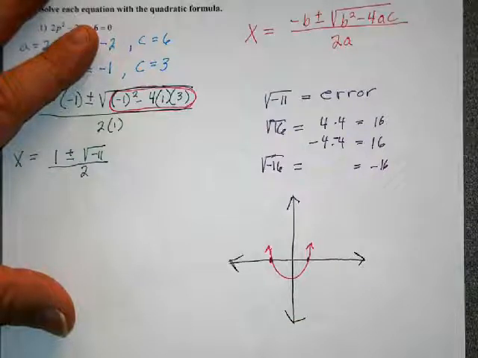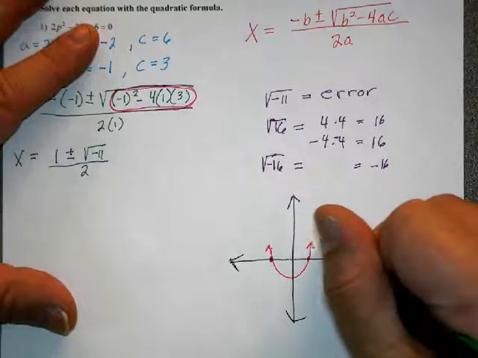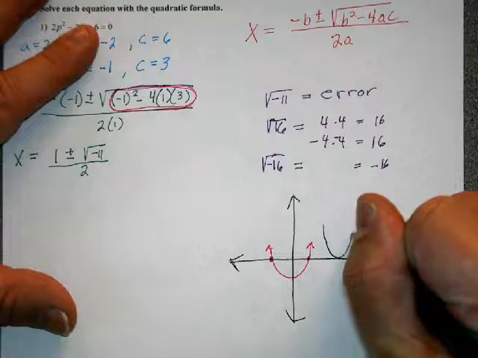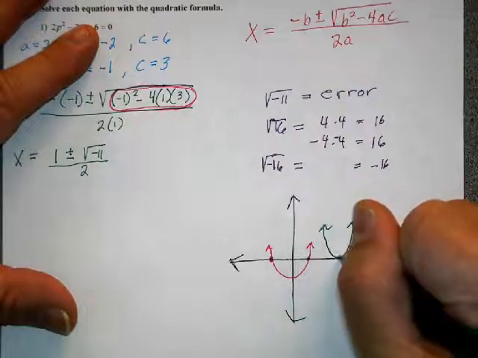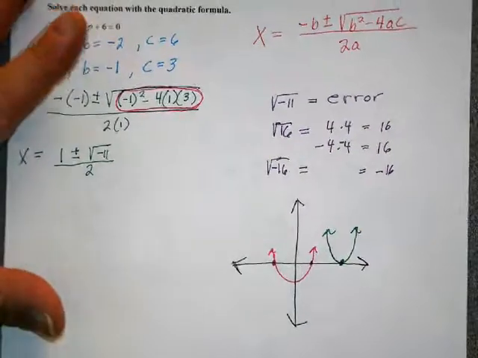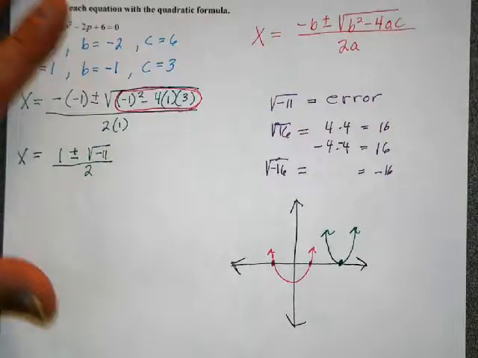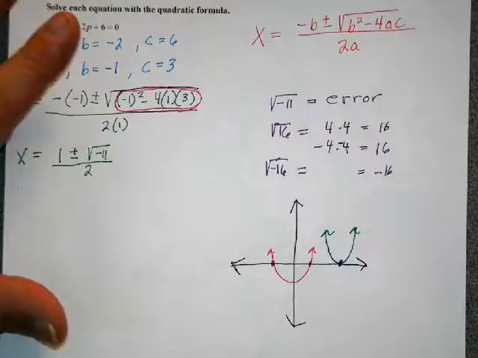Sometimes we would only get one number, a zero, root, solution, x-intercept. What do you think is happening here?